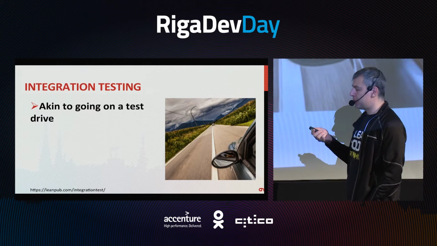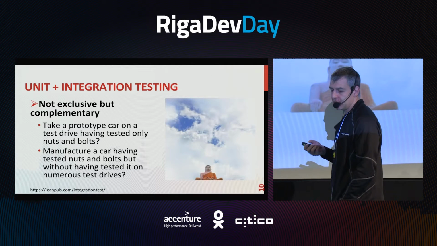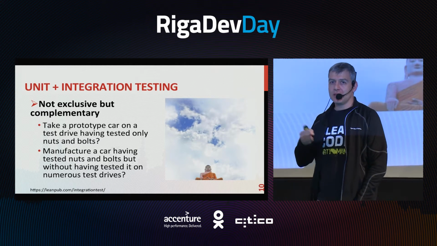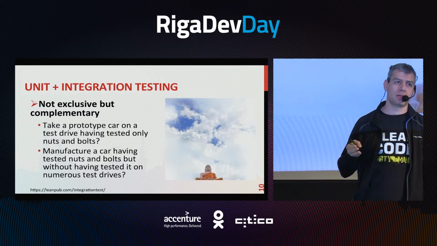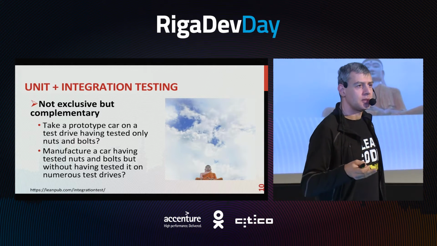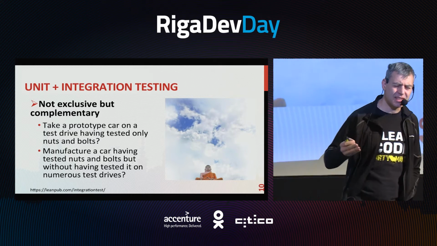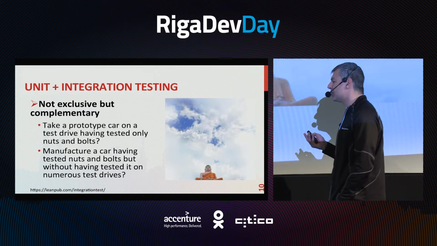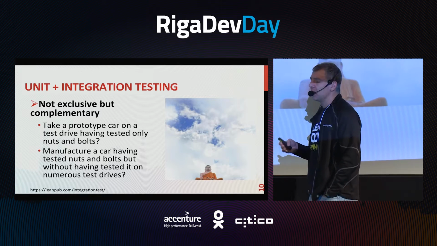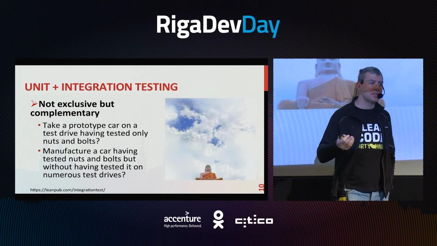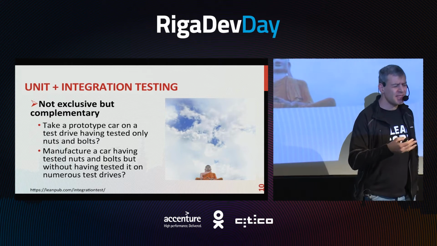The first thing that I should mention is that unit and integration testing should not be exclusive. You can see people on the web saying, hey, but guys, integration testing is very expensive. Just do unit testing. And likewise, you see, oh, but unit testing takes a lot of time.